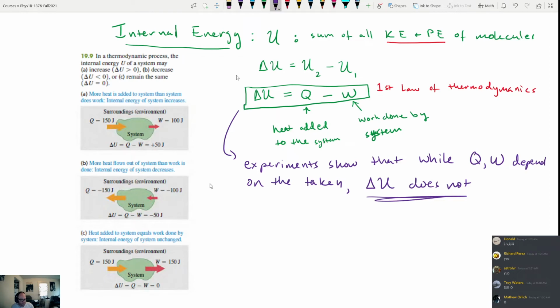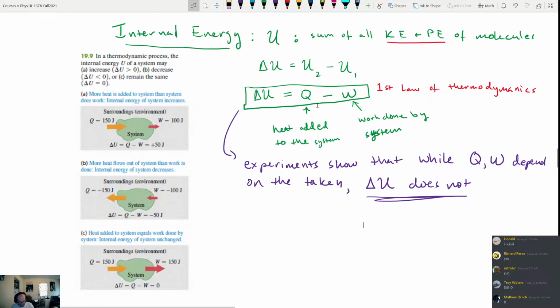That is a really powerful idea, if you think about it. Even though this and this might depend on the path you take, this is going to be constant. We're going to use that a lot in this class to do some proofs and things. So just keep this in mind.